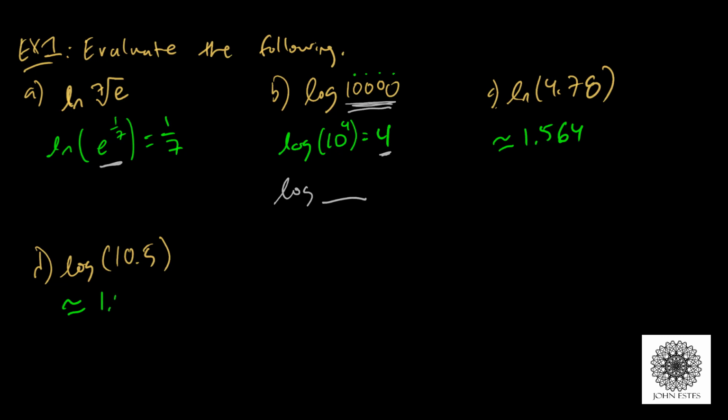You should get about 1.021. And that's it. Make sure you hang on to the fact that if you don't see a base, you know it's log base 10, and if it's ln, it's log base e. Those are very important. If you have any questions on this, I'd be glad to help, and thank you for watching.